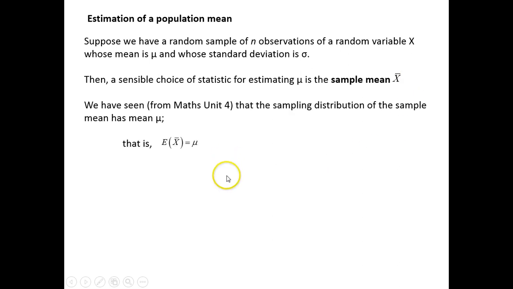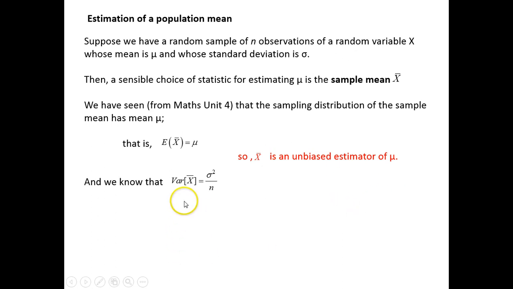We have seen from Maths Unit 4 that the sampling distribution of the sample mean has mean of mu. That is, the expected value of x bar is mu. It's an unbiased estimator of mu.